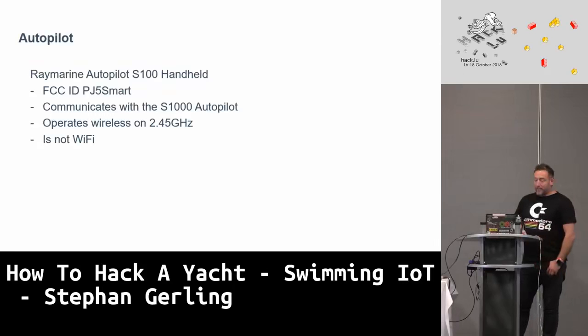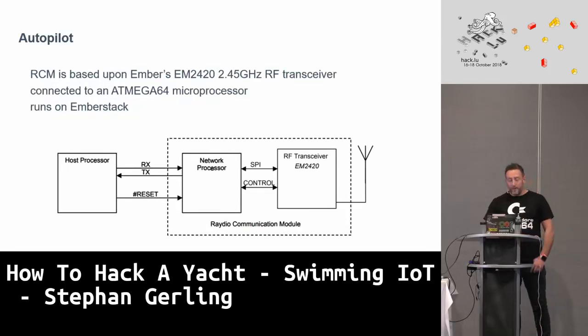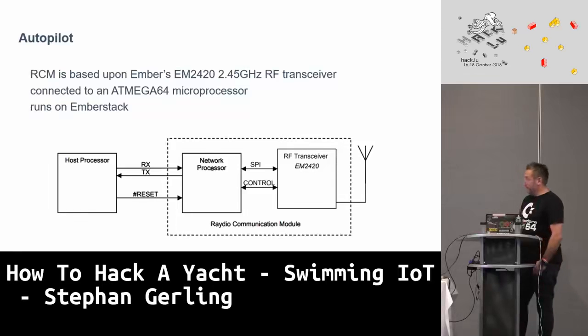There you can find the information that it's operating on 2.45 gigahertz, but it's not Wi-Fi. So it's something else, I don't know what it is. I only know it's an Atmega 64 microprocessor they're using with their own Ember Stack protocol. At that point I stopped, because I have no further information.